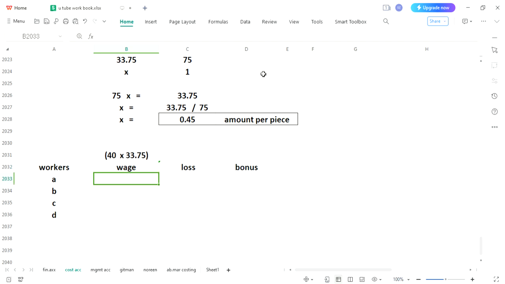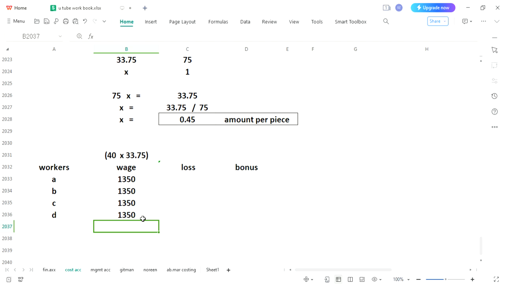Every worker will get the same wages, 40 multiplied by 33.75. So first worker, and in the same way second worker would also be receiving, he had worked for 40 hours and per hour is 33.75. So this next worker would also be receiving same wage, and the fourth worker would also be receiving the same wages.